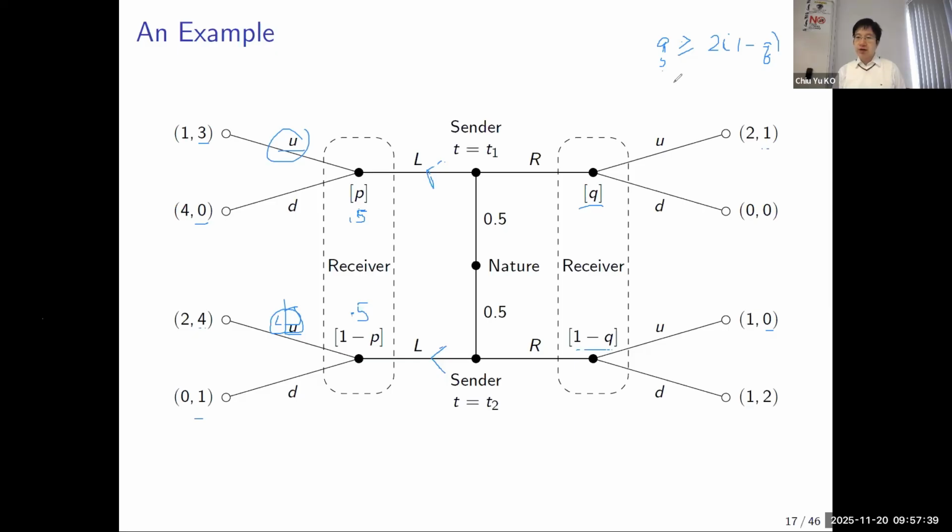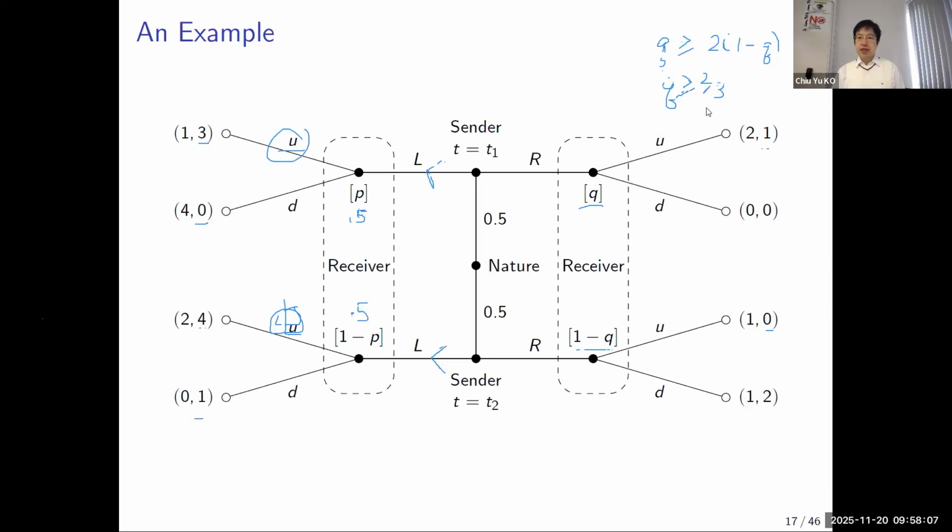You can solve this out: Q is large enough, Q is larger than 2/3, then U will be chosen. Otherwise, D will be chosen as well. But the belief is arbitrary, so we can do anything. That's okay. We give a lot of freedom on this one.